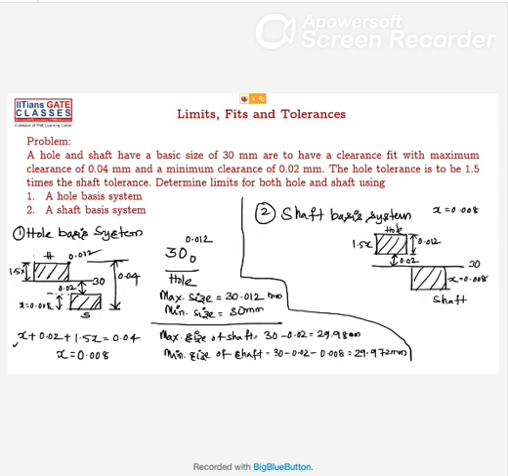Once you know the values, you can easily calculate the hole dimensions. For the hole, maximum is 30.032 mm and minimum is 30.02 mm, and for the shaft, maximum is 30.0 mm and minimum is 29.992 mm. The simple formula. Good. So please try to solve this problem.